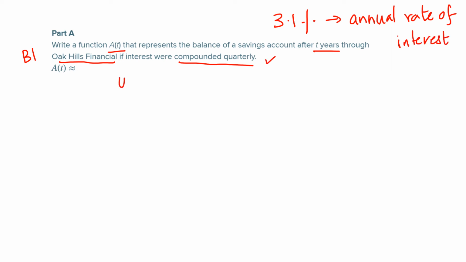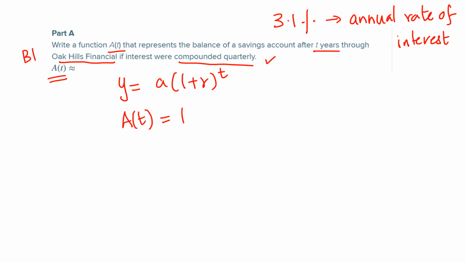So let's use the formula y equals a multiplied by (1 + r) to the power t. Now here we need the amount, so we're replacing y with A(t). A(t) is the amount that the bank is going to give after the interest is calculated, compounded quarterly.